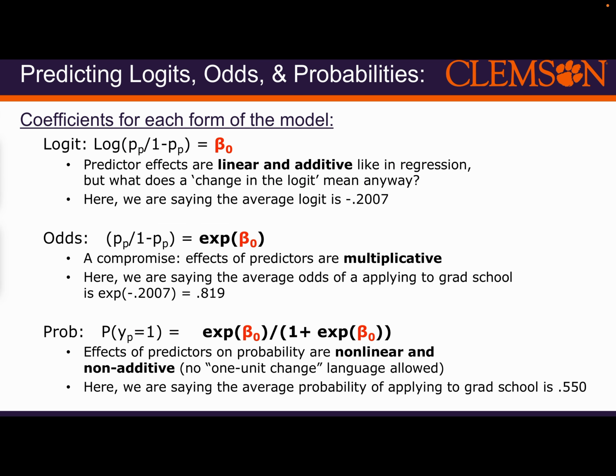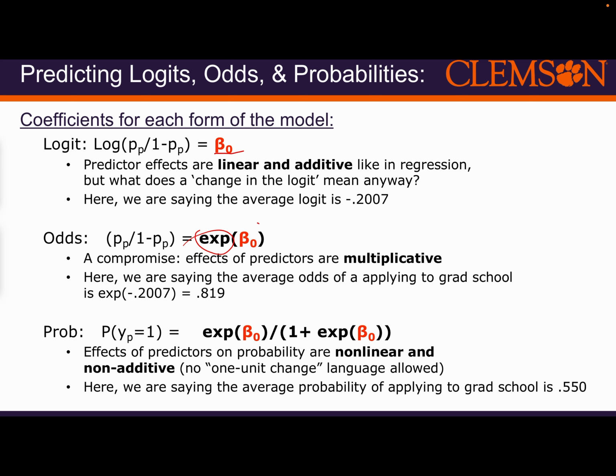Okay, so the coefficients for each form of the model, right? Beta 0 is our intercept that's in logits. If we just raise the constant e, Euler's constant, to beta 0, we actually get the odds back, which is really cool.